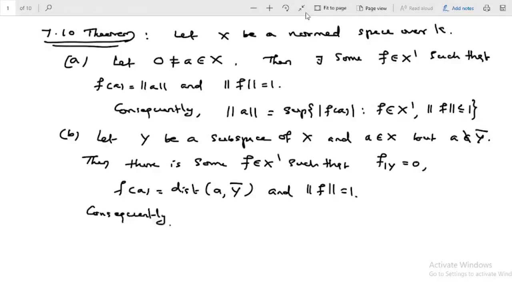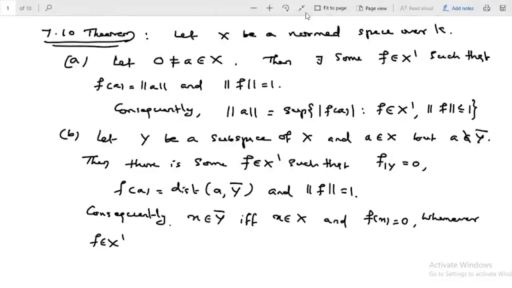Consequently, x belongs to Y closure if and only if x belongs to X and f of x is equal to 0 whenever f belongs to X dash and f restricted to Y is equal to 0.